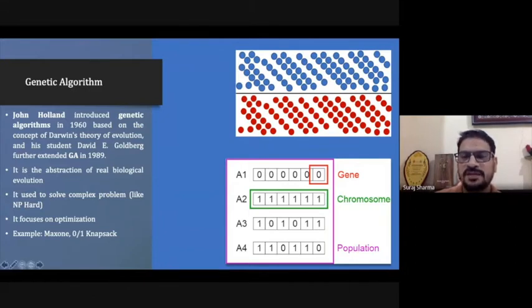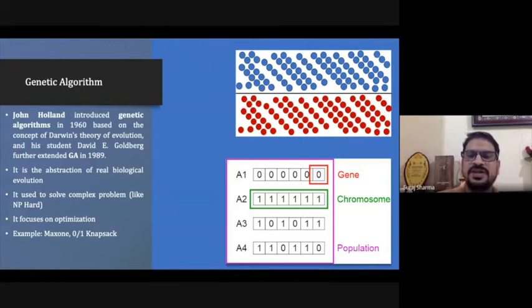Now from here we calculate the fitness function, and from the fitness function we get some values, and based on the values we select. So how do we select the population? We select the population with their fitness function, and after selecting, we do reproduction. That means we do some crossover. We have some male and female, we do the crossover and generate the population again.